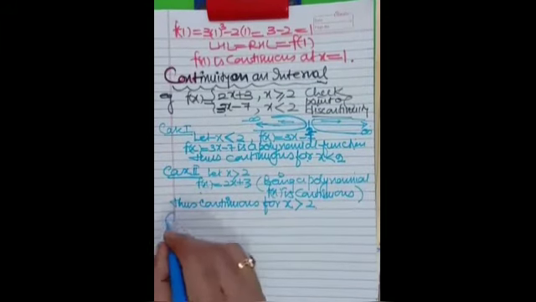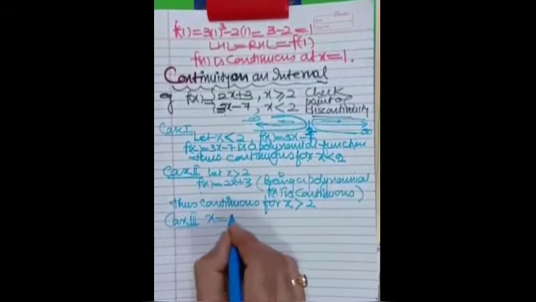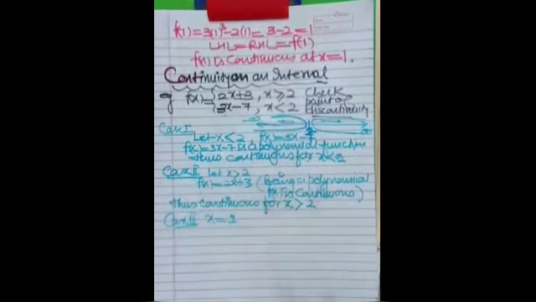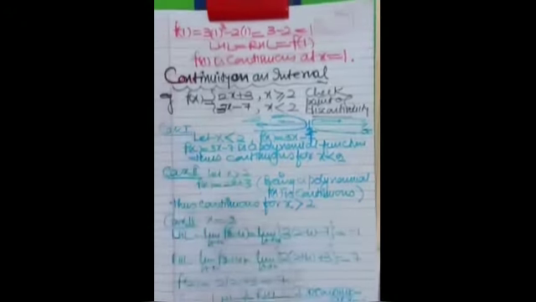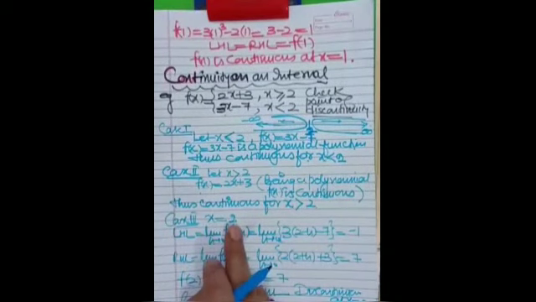Now last case, that is third case, when x is equal to 2. When we take x equal to 2, in this case we will use the previous method of solving the question. We will find LHL and RHL to evaluate continuity. Now at x equal to 2, we have to check the same way as we proceeded in the previous case. Whenever the point is given, the point is 2.